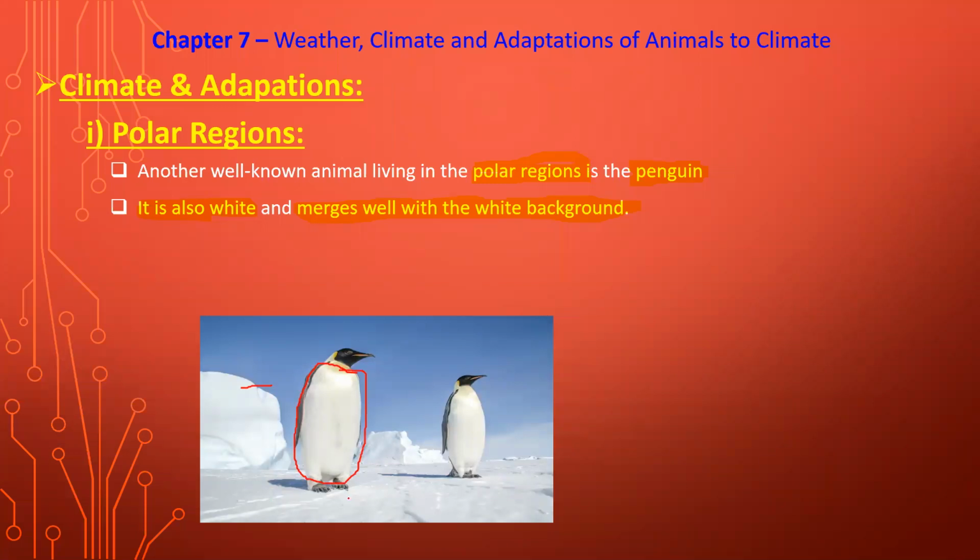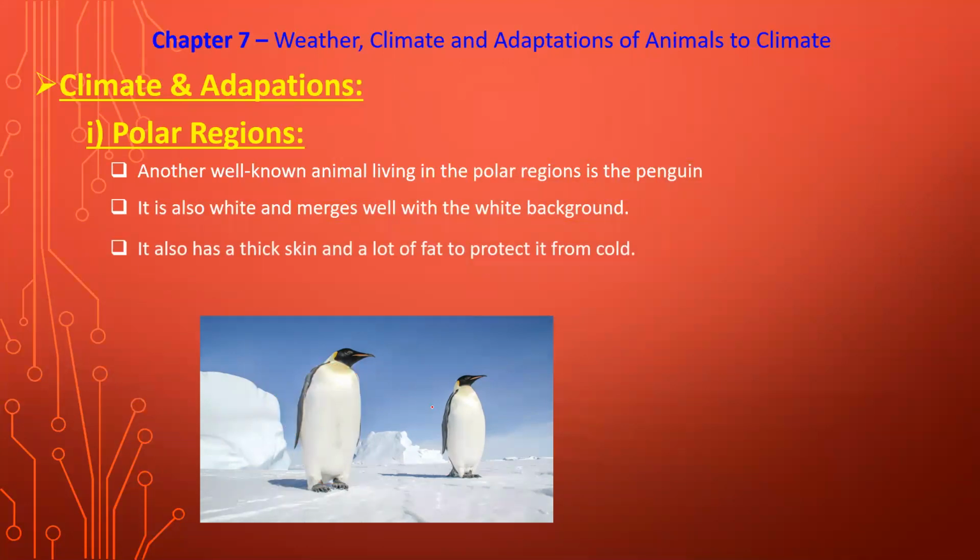You can see the background is also white, and their body is also white, and therefore they merge with the background. So this is the first adaptation which they have developed. Due to this white color of the body, they are well merged with the background. This is the first fact.